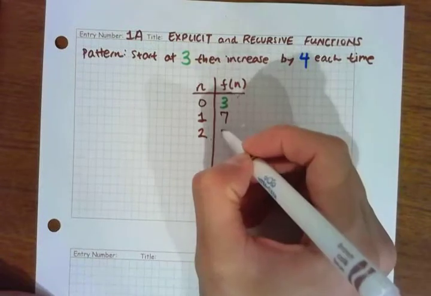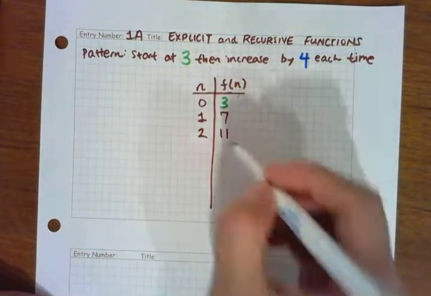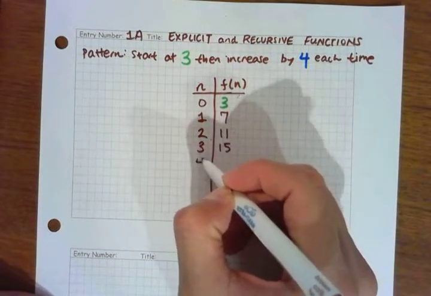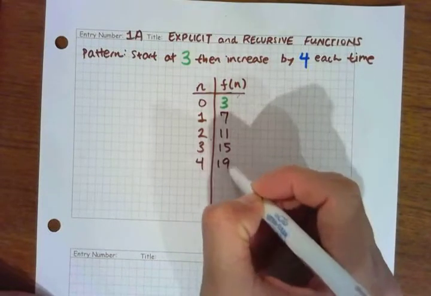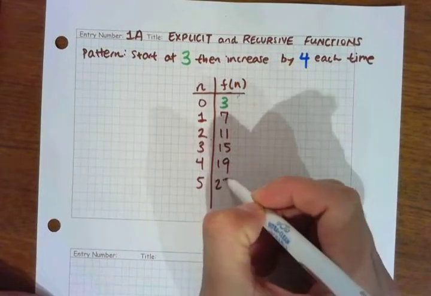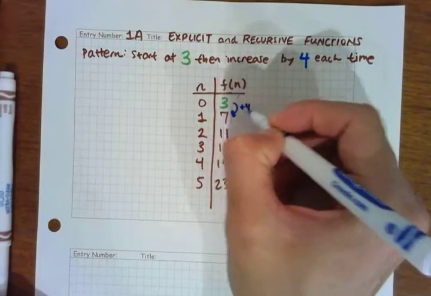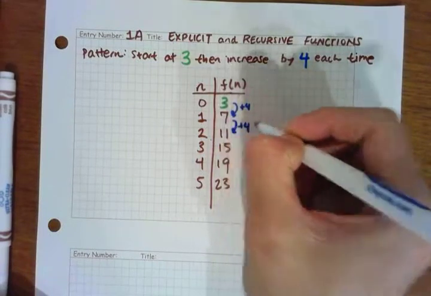The second term will be 11, going up by 4 again. The third term will be 15, the fourth term 19, and the fifth term 23. So every time you are increasing by 4 in this pattern.